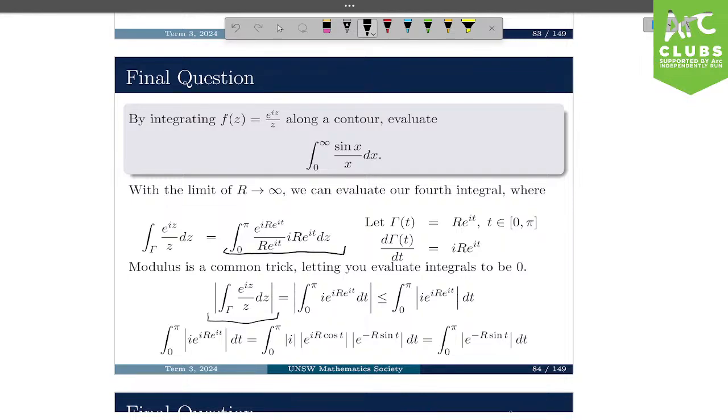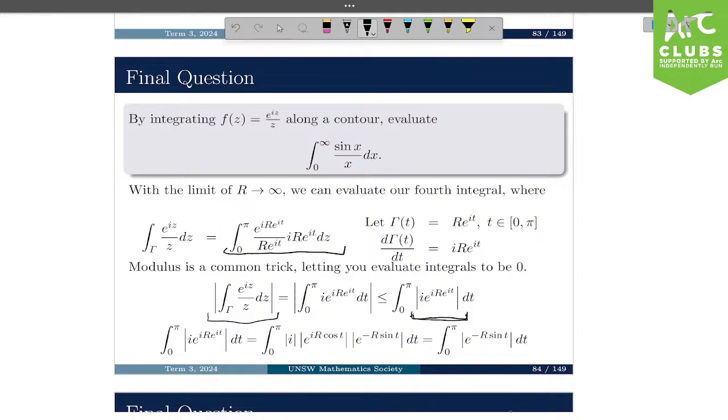So the absolute value of this integral is going to be smaller than or equal to the integral of the modulus of the integrand, the modulus of i e to the iR e to the it. And when you evaluate this, it evaluates to e to the minus R sine t dt.